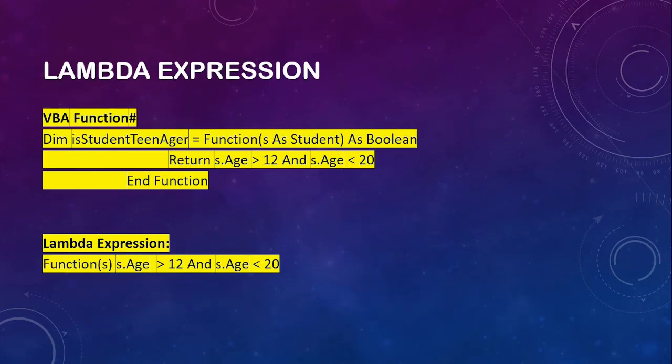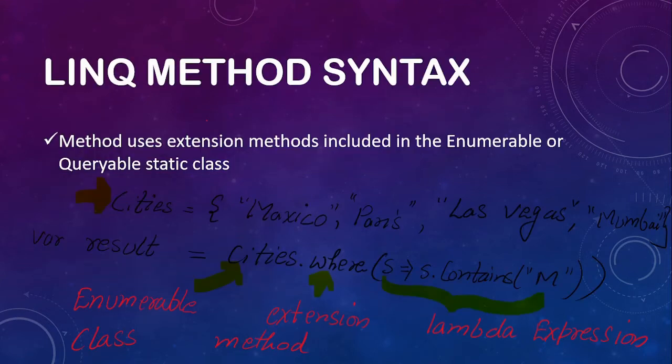Similarly, in VB, I have a big function which takes a student type of parameter, checks whether the student is a teenager or not, and returns a boolean, true or false. Here you just write the function, the age condition, and done. So this is a lambda expression.